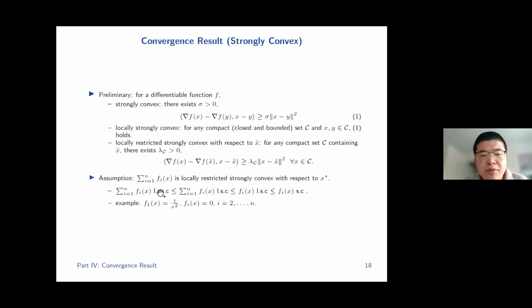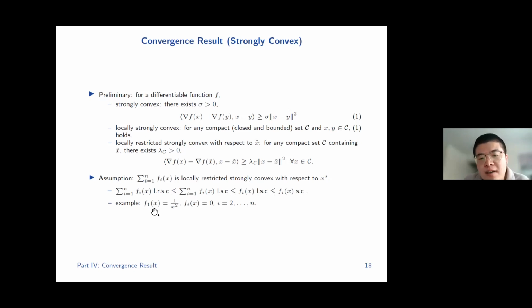This assumption is less restrictive than the assumption that the summation of all the Fi(x) is locally strongly convex, and less restrictive than the assumption that each Fi(x) is locally strongly convex or strongly convex. Here we give an example.